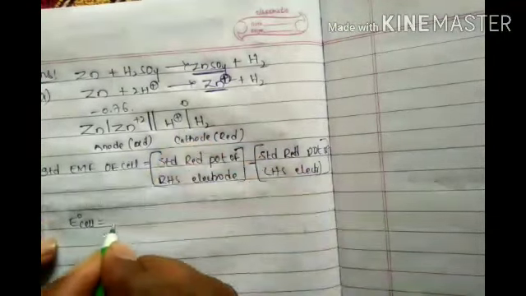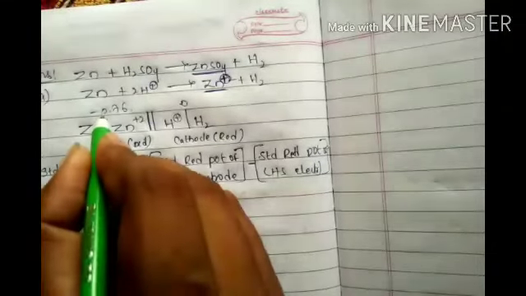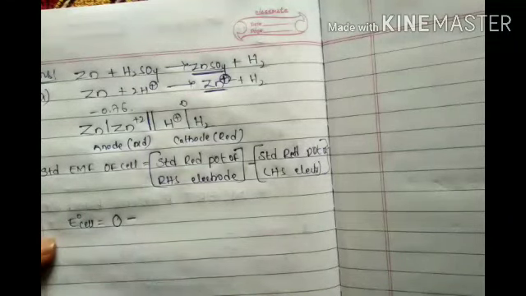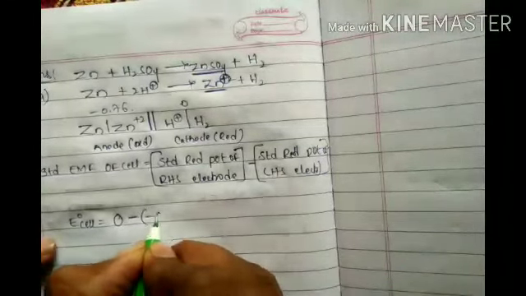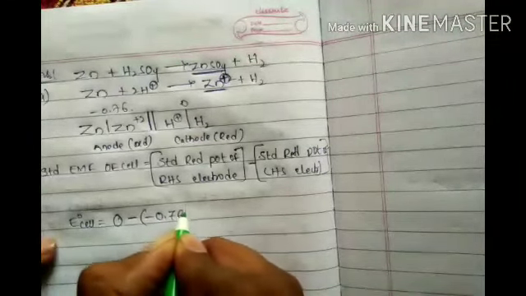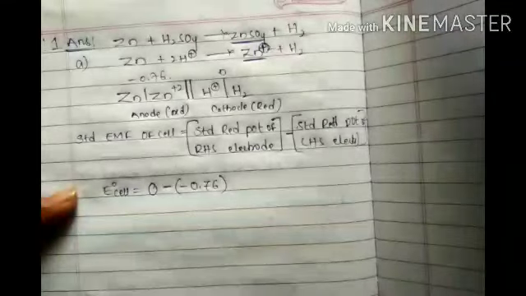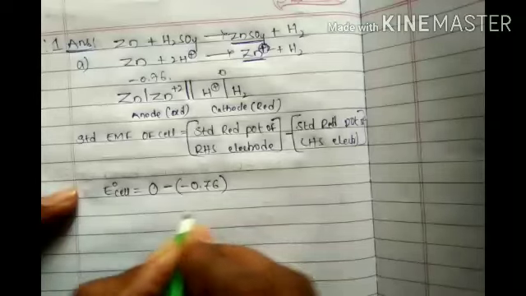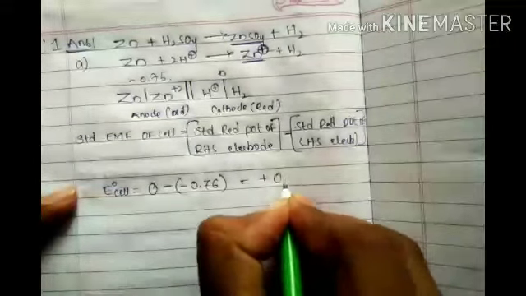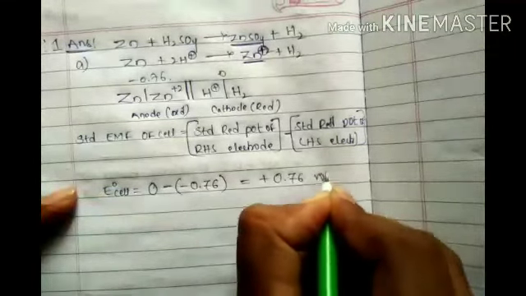Cathode is 0 minus, in brackets, minus 0.76. See how much value comes here? E cell equals plus 0.76 volts.